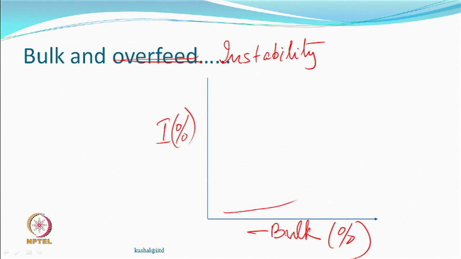What do you think would happen? Quick guess. If bulk increases, right? So, in general, if you keep on increasing the bulk quite a lot, you will keep getting a bad yarn. Of course, if you just keep increasing the pressure, maybe you are in a different zone, but if you overall keep on increasing the bulk, because I want a bulkier yarn and still more bulkier yarn, then you would find that instability will increase.